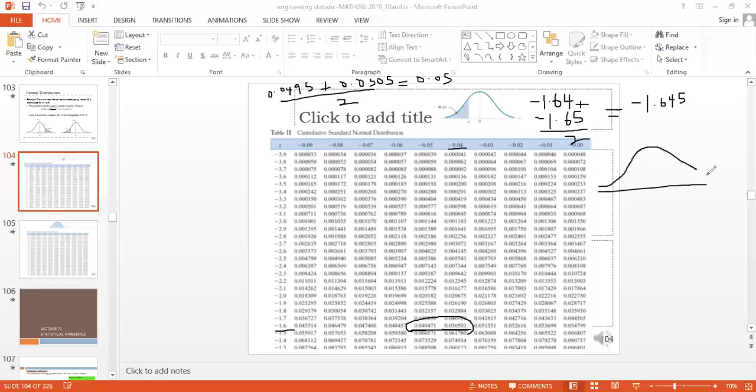So what we are saying is, on the graph, the probabilities we've just read, one is 0.0495, and the other is a bit bigger, 0.0505. So if you want 0.05 exactly, you add the two and divide. So halving it gives you the exact value which we are looking for, which is negative 1.645.